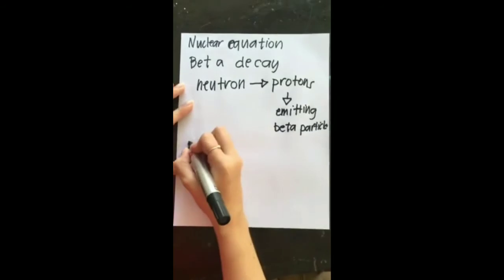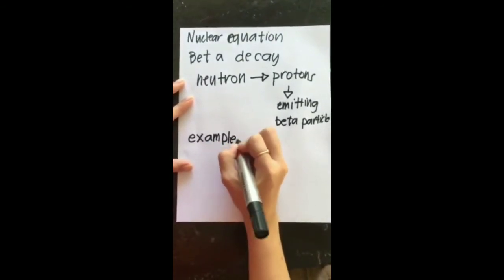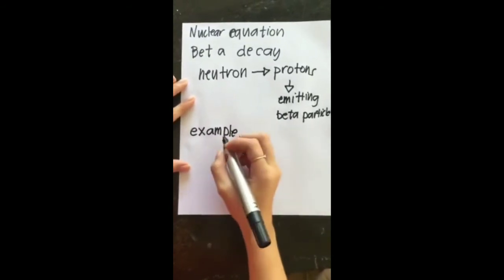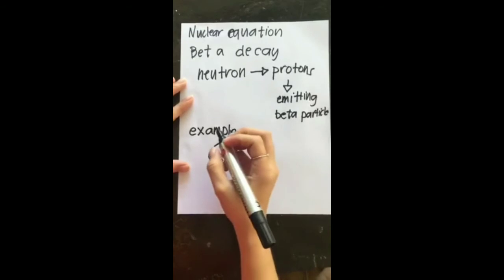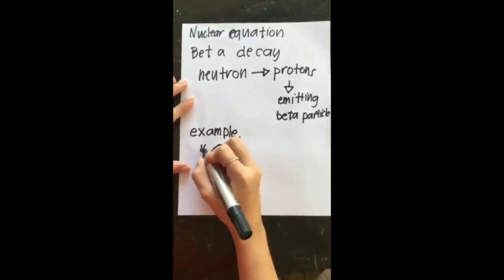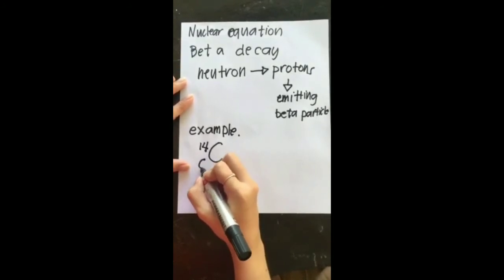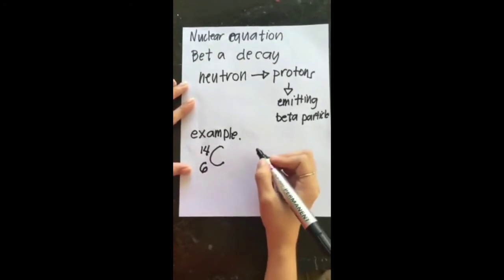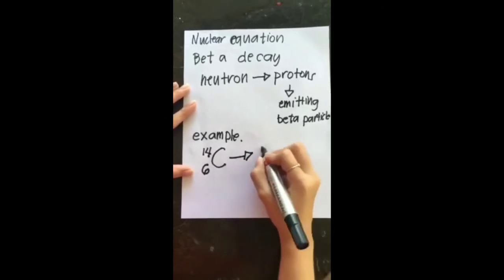Let's proceed to an example. So, carbon with atomic mass of 14 and atomic number of 6 will undergo beta decay.